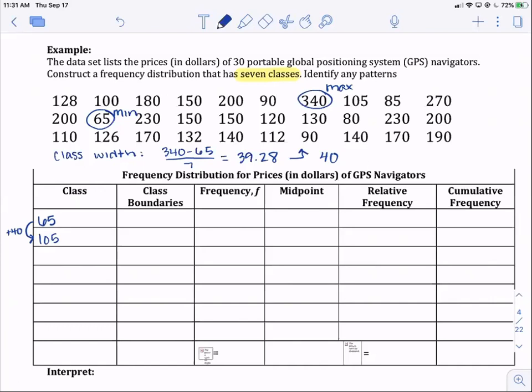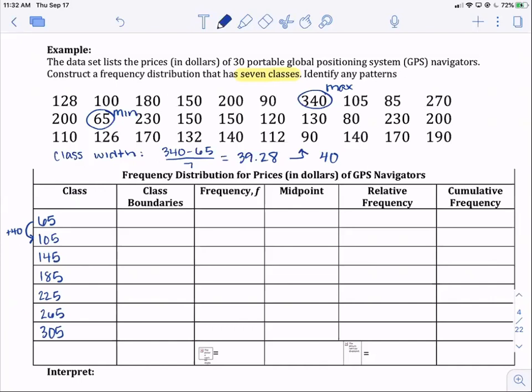And then add 40 again. We get 145, 185, 225, 265, 305. And those are called your lower limits.